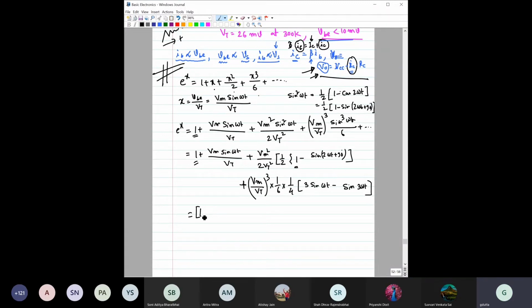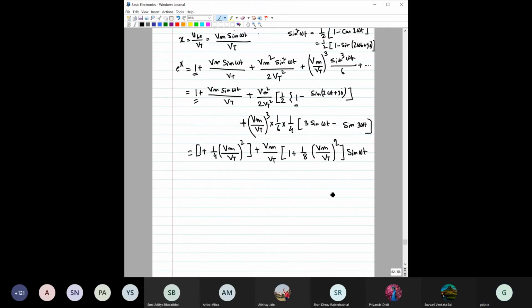So let us pick these two. 1 plus 1 by 4 Vm by Vt, this is square, right? So this is basically the DC part, right? No sinusoidal signal is involved with this, right? And here it is Vm by Vt into 1 plus 1 by 8, this is square, into sine of omega t.